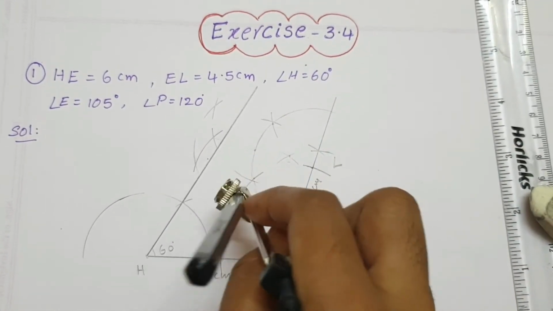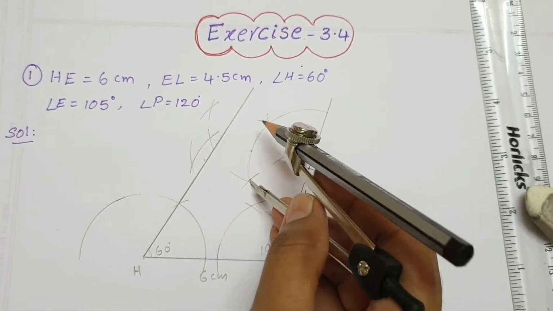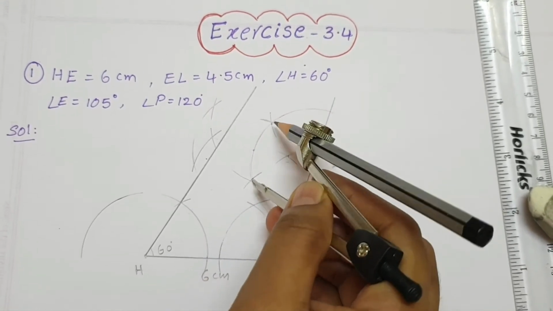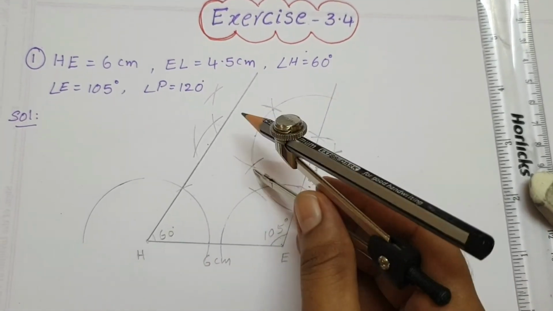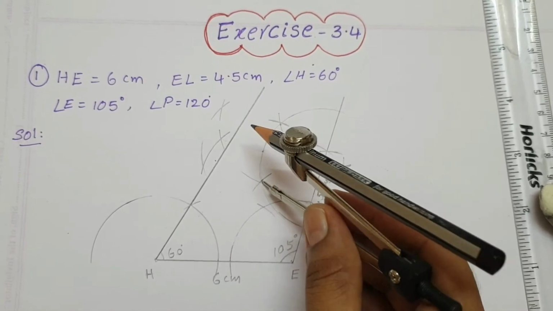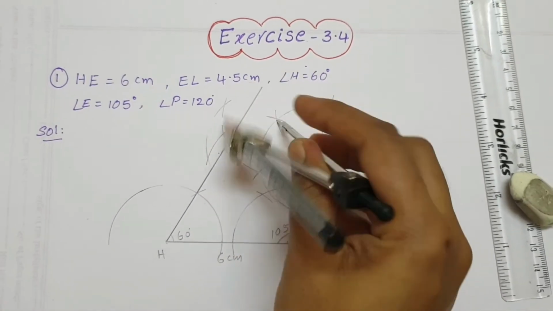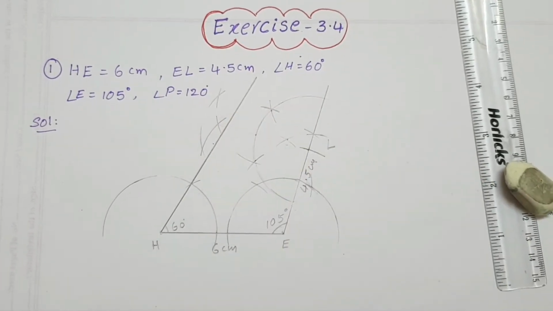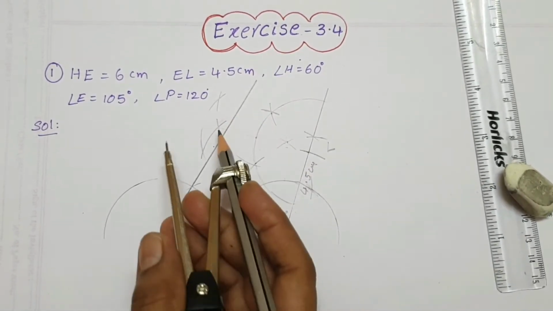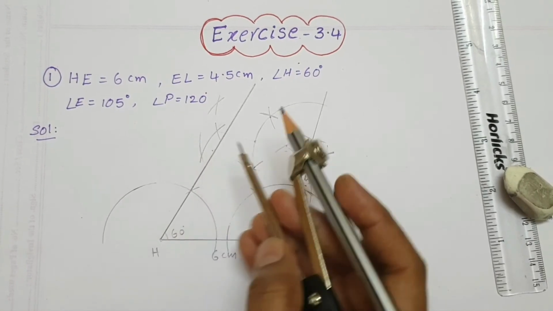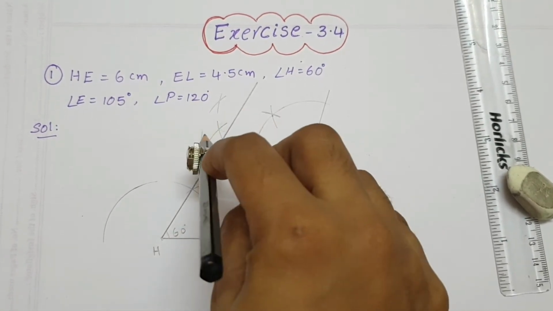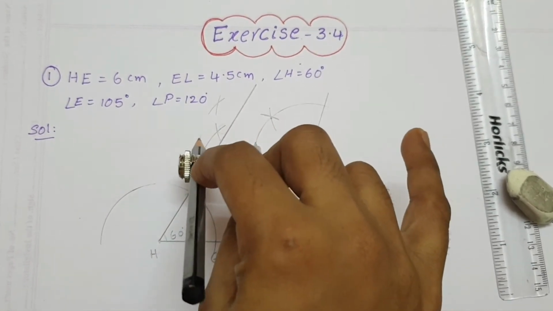Here to one arc. This is 60 degrees. Here to another arc, 120 degrees. Again here to one arc. Here to another arc, 90 degrees. Exactly 90 degrees. Here to one arc.